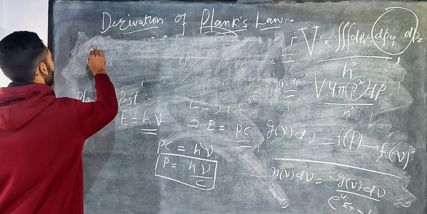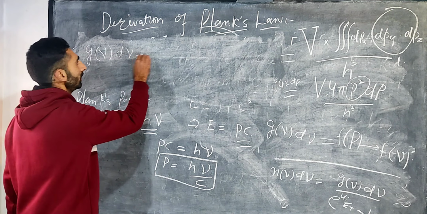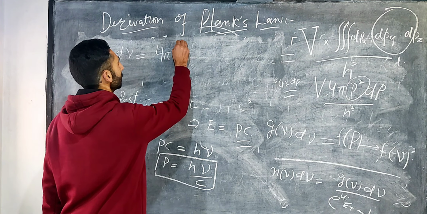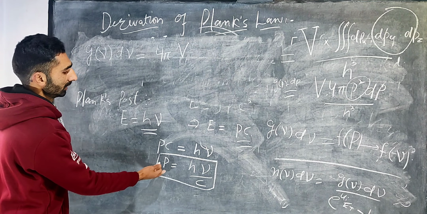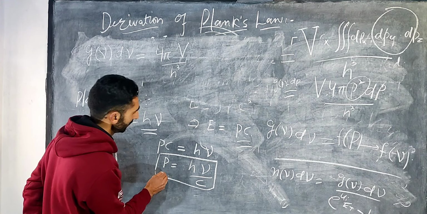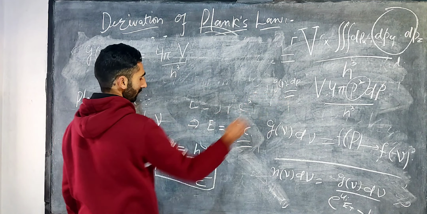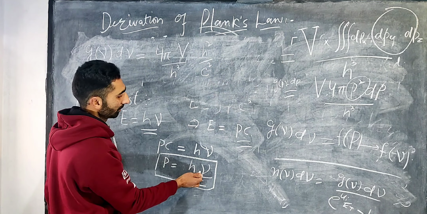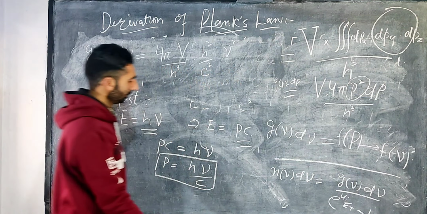So our number of phase space cells in terms of frequency, G nu d nu, will be equal to 4 pi V multiplied by p squared, what is p squared? First I will divide by h cube, and our p squared will be equal to h squared nu squared divided by c squared, so h squared divided by c squared multiplied by nu squared. dp, what is dp here?